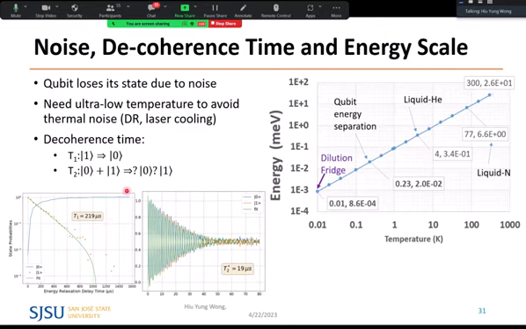Okay. Another thing is the so-called T2 decoherence time. It is saying that I start with a superposition. It is still in superposition, but it loses the phase gradually. Usually it is much shorter than the T1 time. This is an oscillation, and I don't have time to go into detail, but that is the way to measure T2.